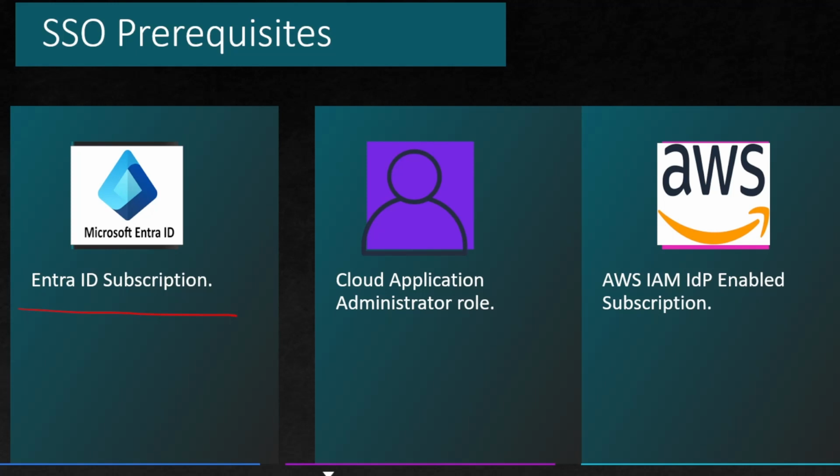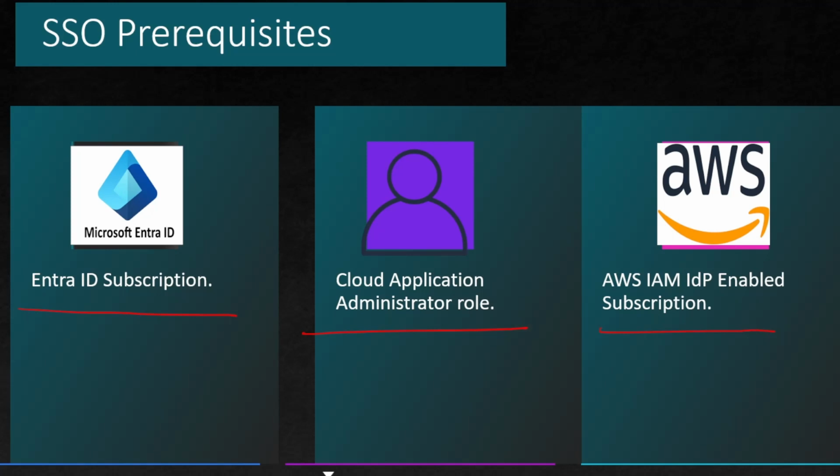In addition to that, we also need an AWS IAM Identity Center enabled subscription as the second prerequisite. It's also important that within Entra ID, we have the appropriate permissions. At the very minimum, we need the cloud application administrator role to be able to manage applications within Entra ID.